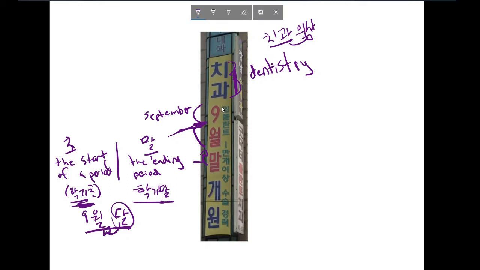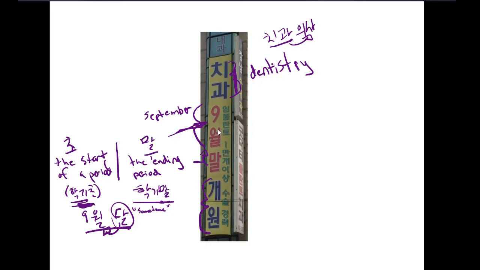And you could put any month here. If you said 2월 달, you're saying sometime in this particular month. Anyway, so this sign says 9월 말, and he's saying sometime at the end of September, we don't know the specific date, but sometime at the end of September, this happened.